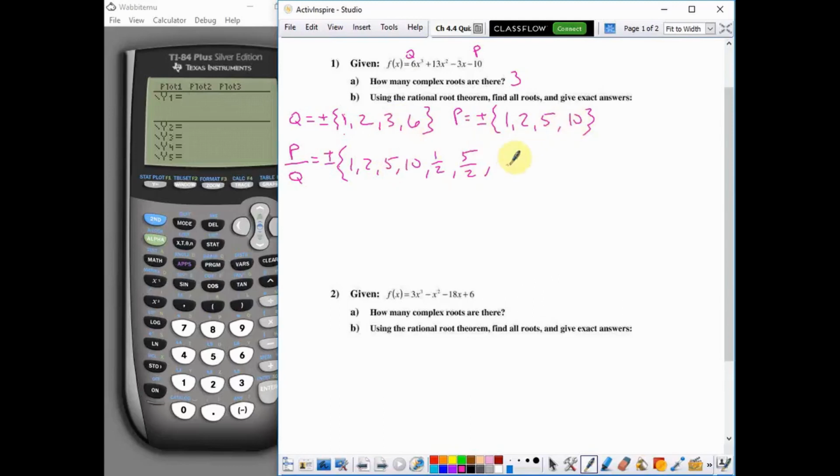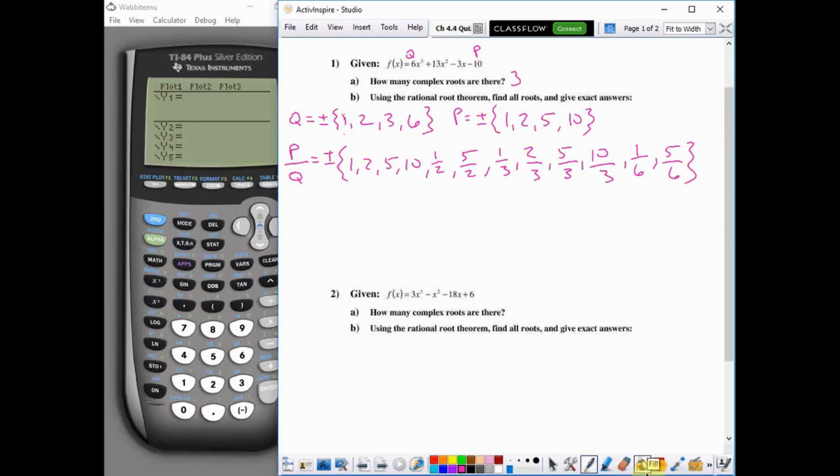All the p's over 3, so that's 1 over 3, 2 over 3, 5 over 3, and 10 over 3. And then all of the p's over 6. 1 over 6. 2 over 6 is 1/3, so we've already done that. 5 over 6. And 10 over 6, and that's 5/3. So we've already done that as well.